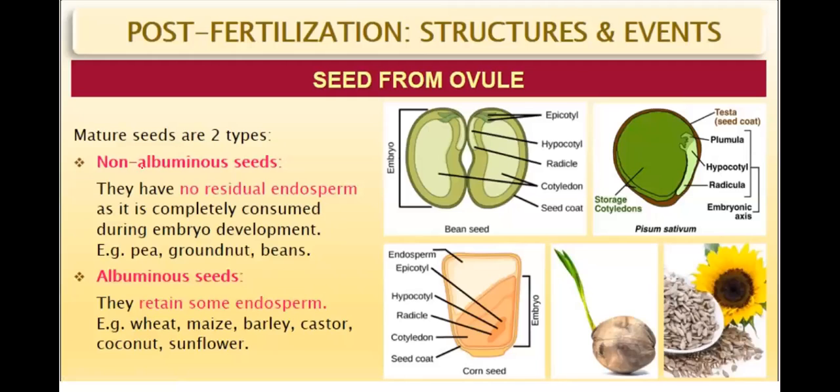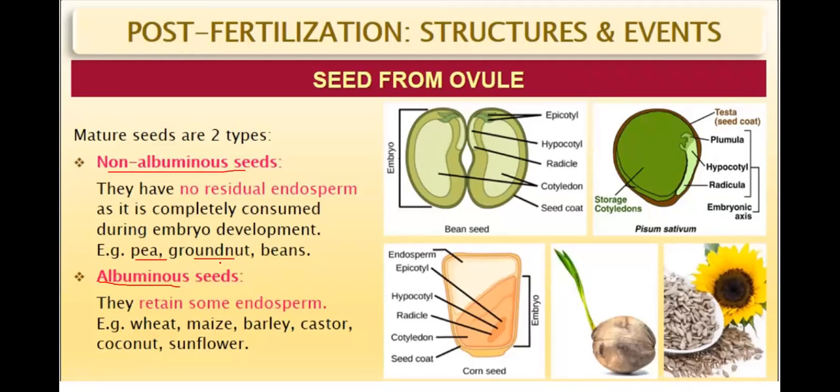Mature seeds are of two types, non-albuminous seeds and albuminous seeds. Non-albuminous seeds have no residual endosperm. Non-albuminous, no albumin, no endosperm, because the endosperm is completely consumed during embryonic development, like dicots: pea, groundnut, beans.